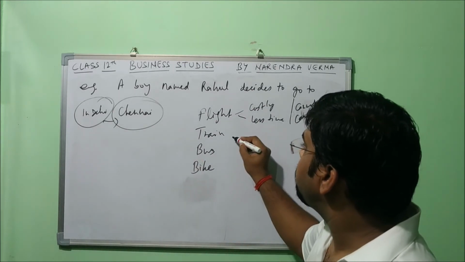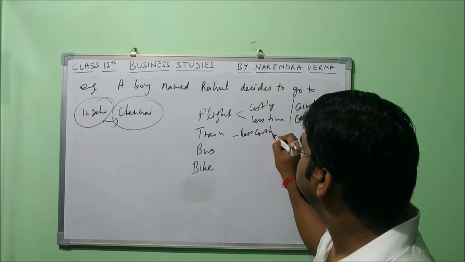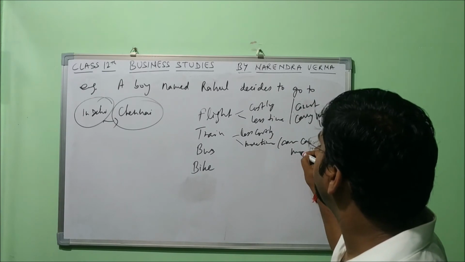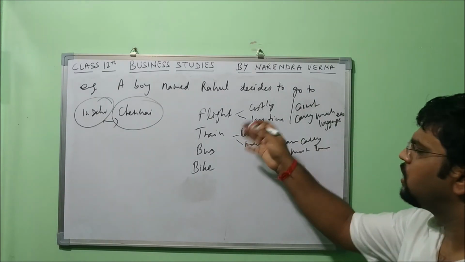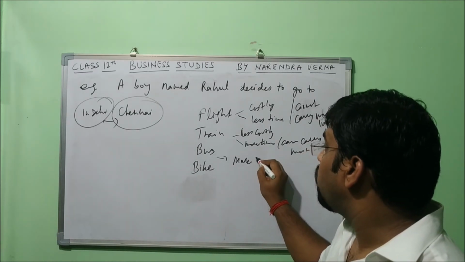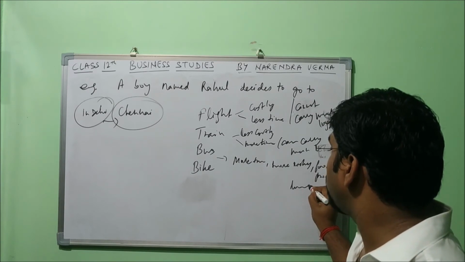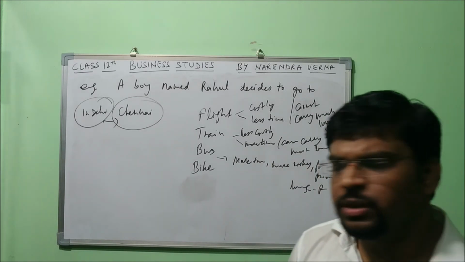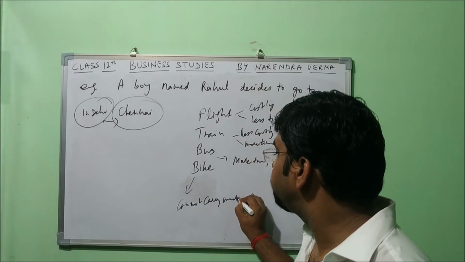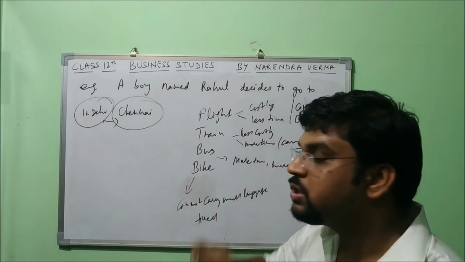Okay, by train he can go less costly, right? More time, can carry much luggage, etc. Some other options can be there. By bus it is obviously going to take more time, more risky, food problem, luggage problem, etc. Now by bike he cannot carry much luggage, and he may get tired as well because the distance is more.